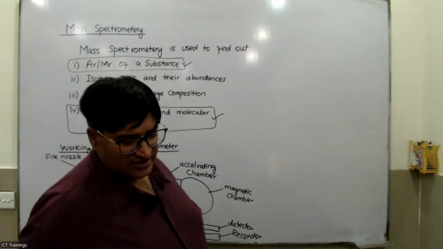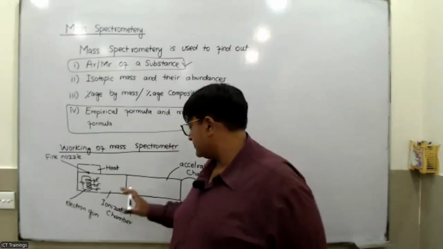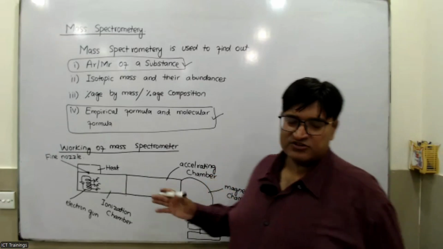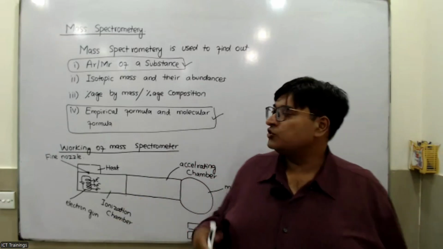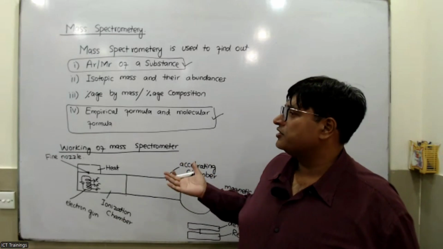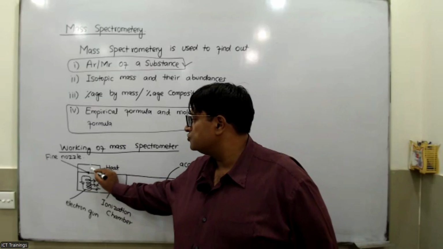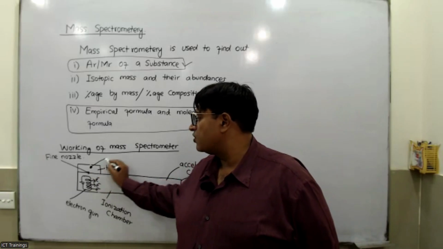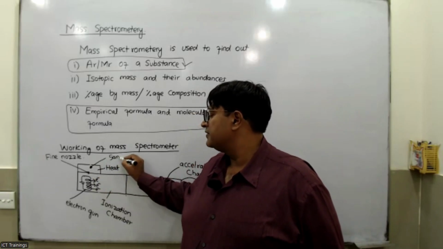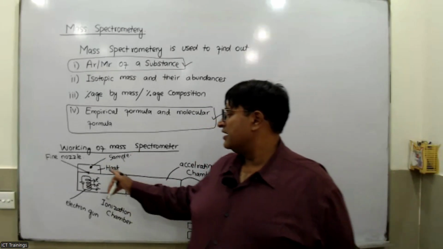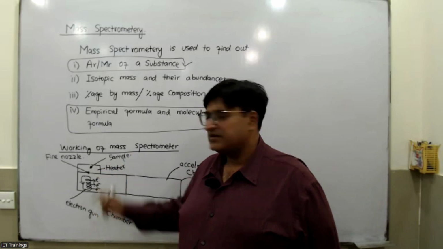Now, how does this whole mass spectrometer work? First of all, if you want to analyze the empirical or molecular formula or the AR or MR of a substance, what should you do? You should enter a small sample into the heater. So this is the heater.